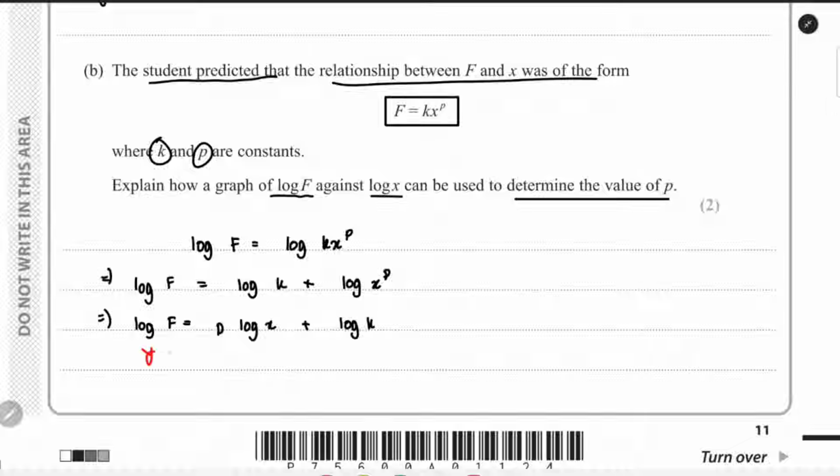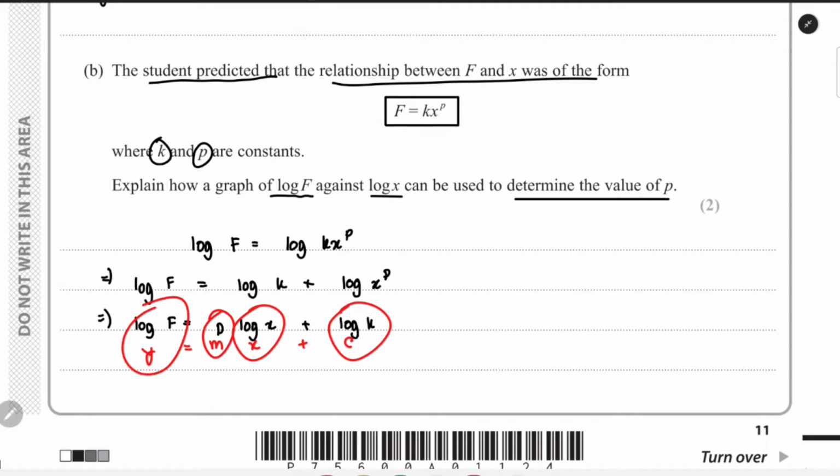This is comparable to y equals mx plus c. This is c, this is x, this is m, this is y. So p is the gradient of this graph.